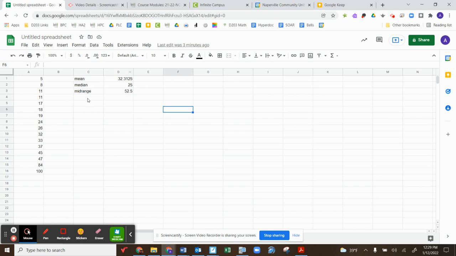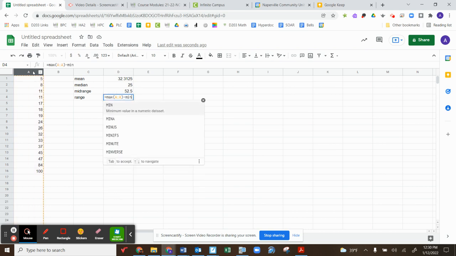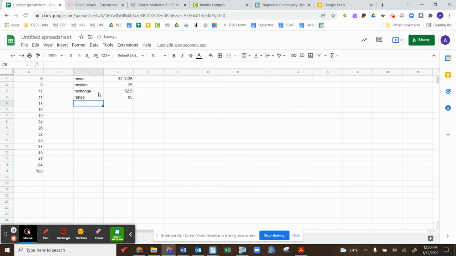Range would be highest minus lowest if you want to actually do it. So equals the max of that column minus the min of that column, and do the range. Again, the nice thing is if I then take this number and change it to a 6, then the range would change as well.